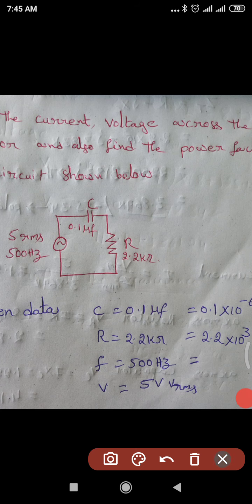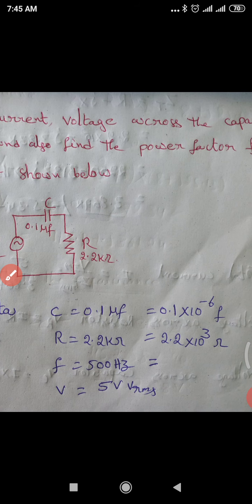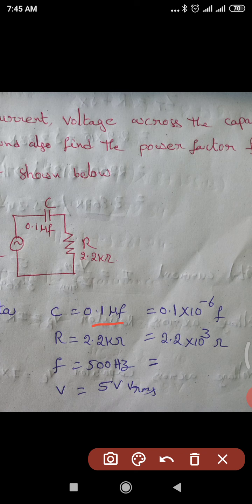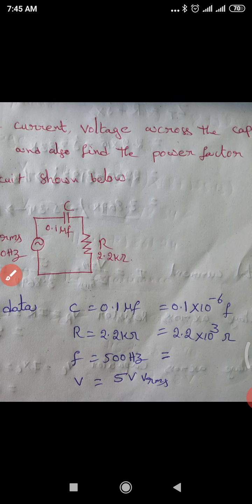Given data: capacitor C is equal to 0.1 microfarads, that means 0.1 into 10 to the power of minus 6 farads, and R is equal to 2.2 kilo ohms, that means 2.2 into 10 to the power of 3 ohms, frequency F is equal to 500 hertz, and voltage V is equal to 5 volts, mentioned as an RMS value. This is the total given data from the problem.